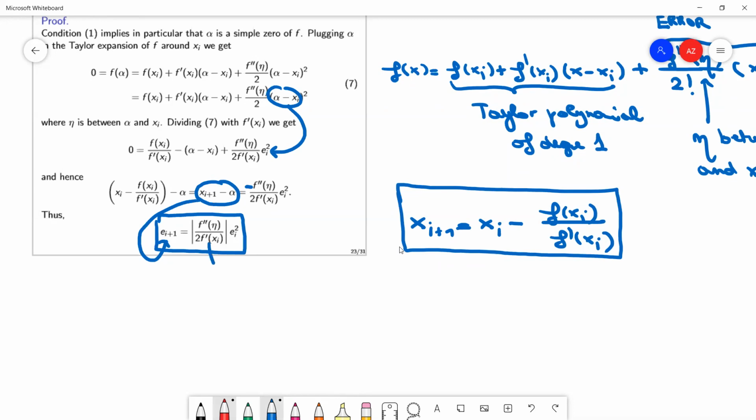Now, what do we know about this constant? We don't know what eta is. So let's say this is m, which depends on eta and xi. This is the second derivative at eta over 2 times f derivative of xi.